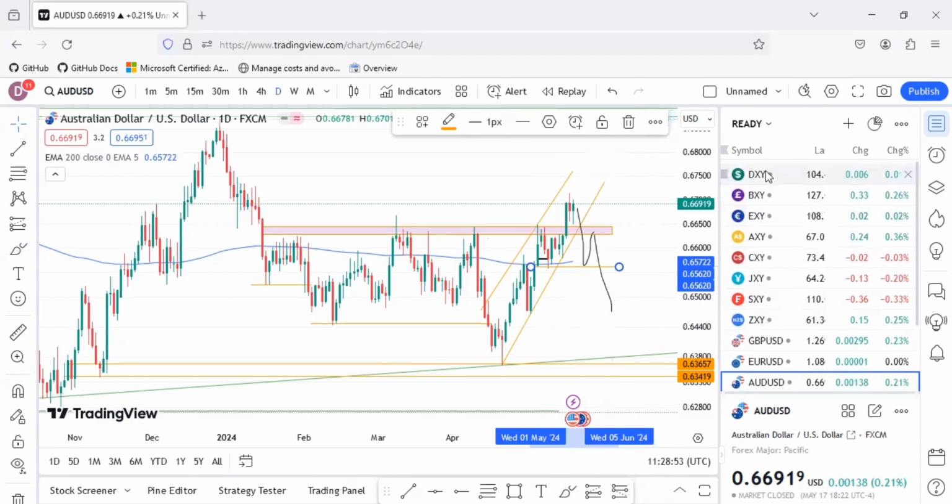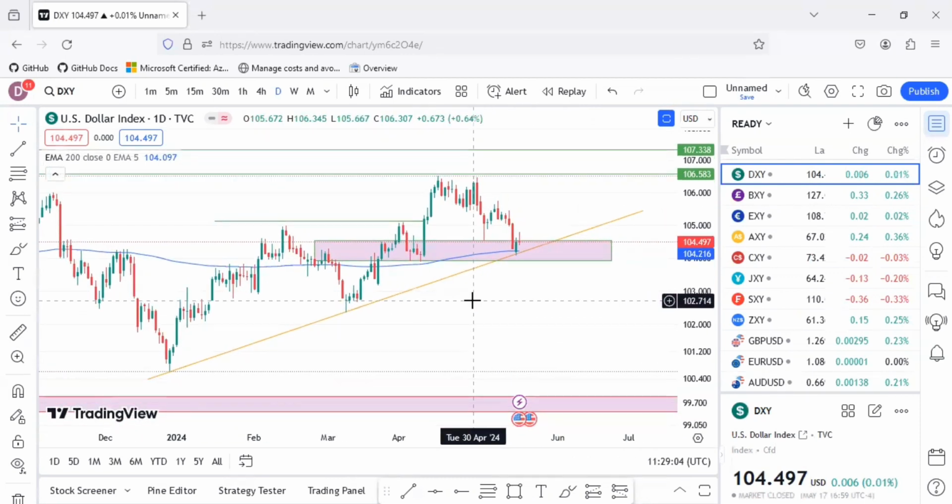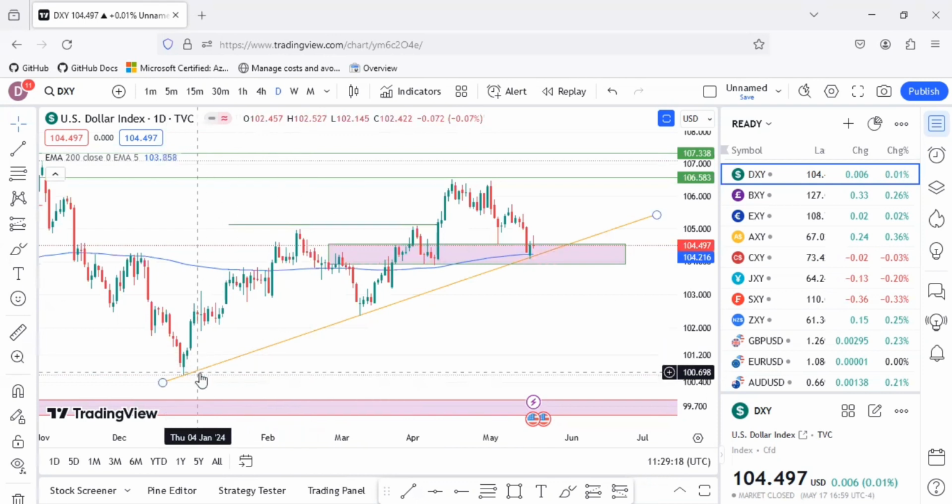If you look at DXY, you agree with me that DXY is the one that determines the movement of USD pairs like GBP USD, Euro USD, AUD USD, and other USD related pairs. If you look at this DXY, the US dollar index, you can see that we have been making an uptrend from here.